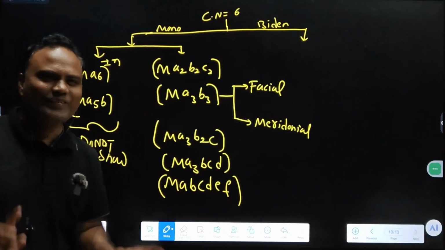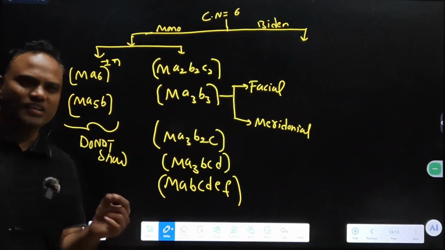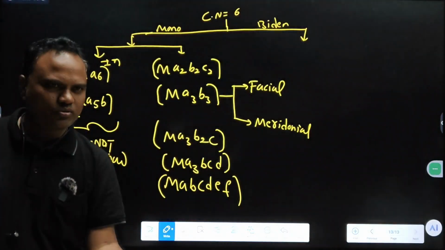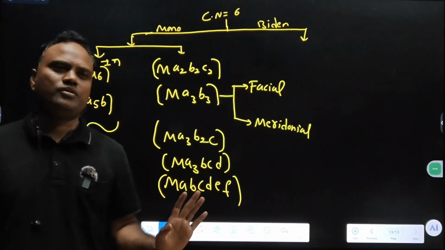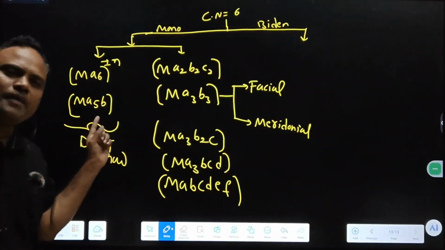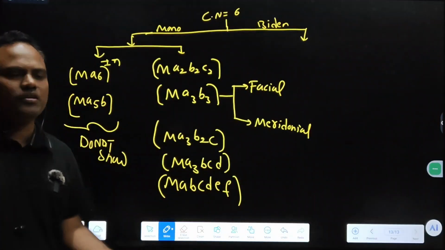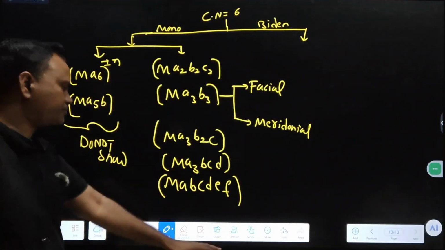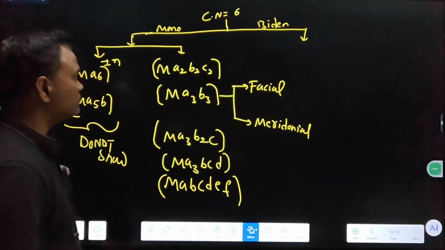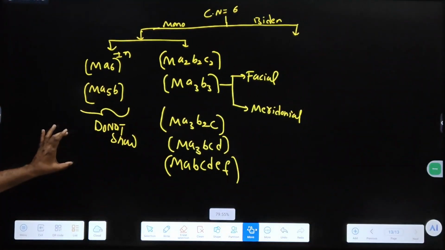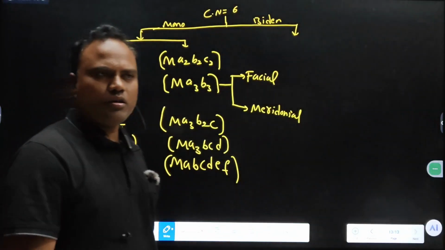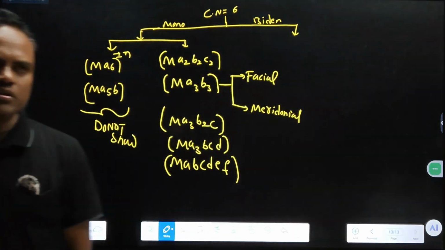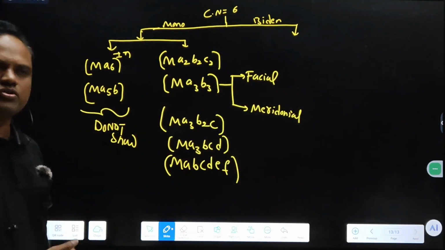Very simple logic, with coordination number 6 and monodentate, see the trick. If you know which complexes do not show, the remaining all will show. Which complexes do not show? A6, A5B. Remaining will show. Very easy. So this is better: remember the ligand complexes which do not show, then it is very easy to identify the complexes which show.